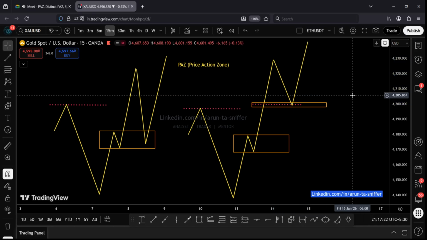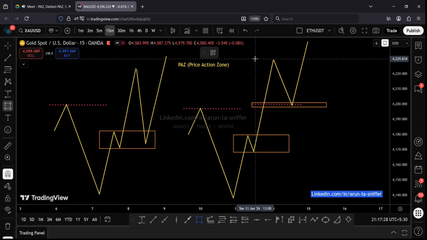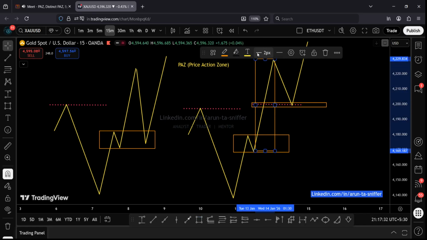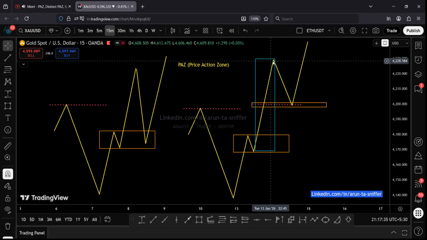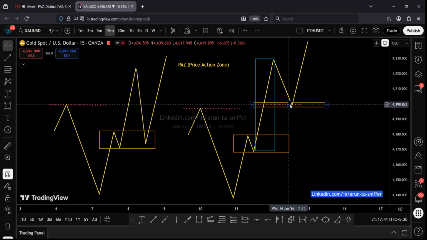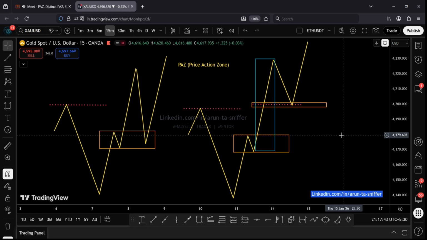What will be our price action zone? The price action zone will be here. This whole momentum candle will be our price action zone. Why? After reaching here, price pulls back and price action happened here, and then price goes up.